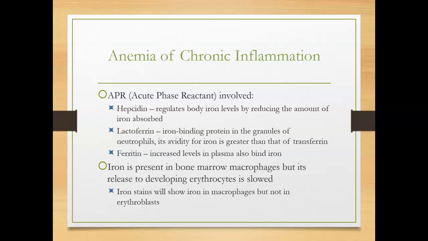So those are some other things that we would look at when we're considering somebody may have anemia of chronic inflammation. Iron is present in the bone marrow macrophages, but its release to the developing erythrocytes could be slowed. In this case, the iron stains would show iron in those macrophages, but not in the erythroblasts. So if the macrophages are eating up all the extra iron, that can be a problem as well. And it's something that we would see with chronic inflammation.